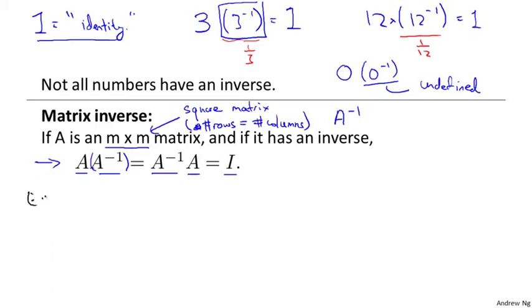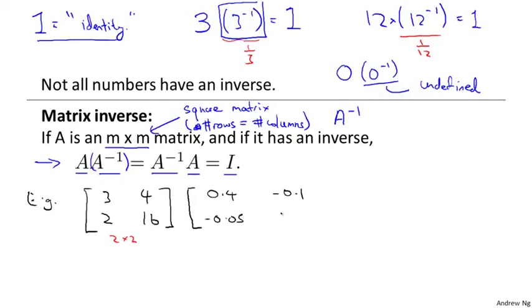So let's say I have a matrix 3, 4, 2, 16. This is a 2 by 2 matrix, so it's a square matrix, and this matrix could have an inverse. It turns out I happen to know the inverse of this matrix is 0.4, minus 0.1, minus 0.05, 0.075.